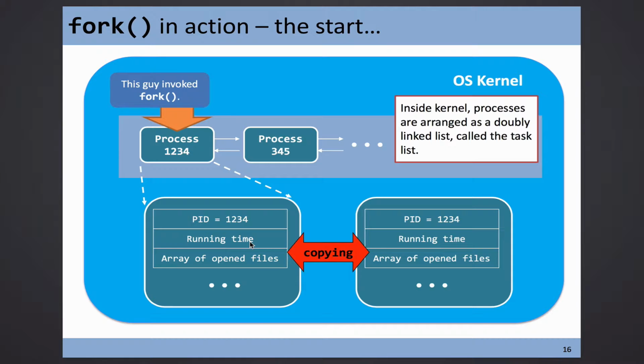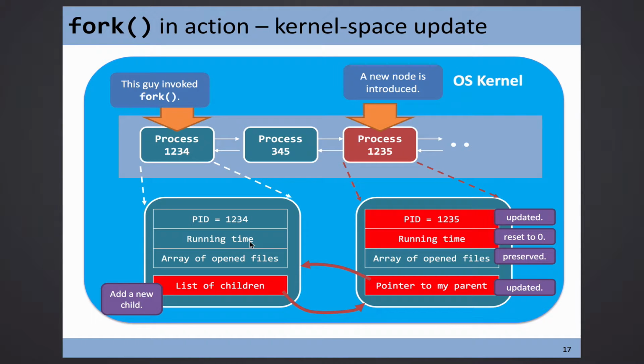After duplication, we update the new guy. What is the meaning of update? Let's say the running time: because you just created it, the running time should be 0. And I've already told you that the array of open files is preserved. Later on, you will see how this array is preserved.